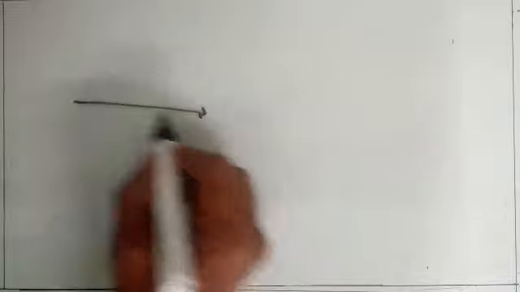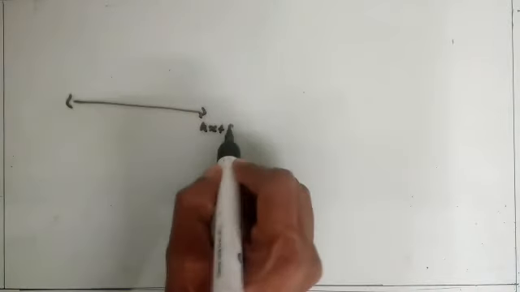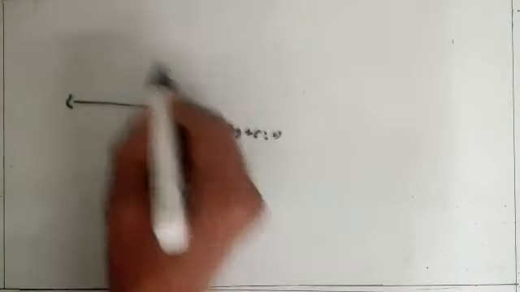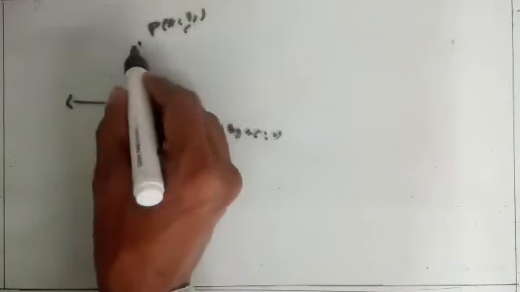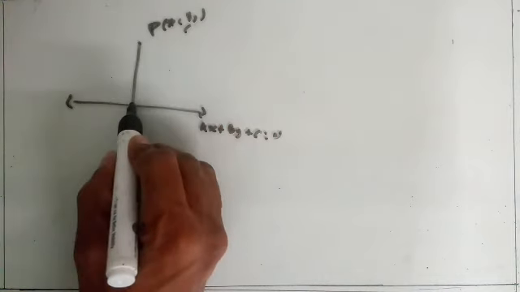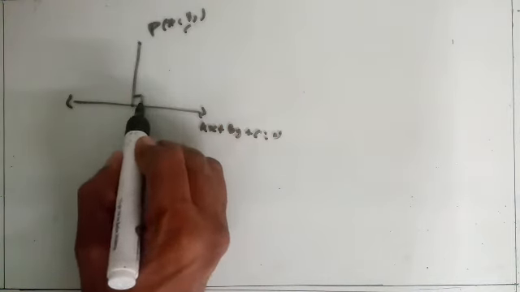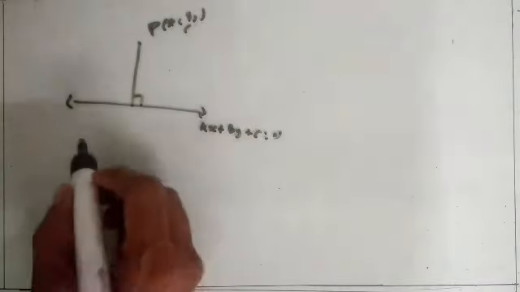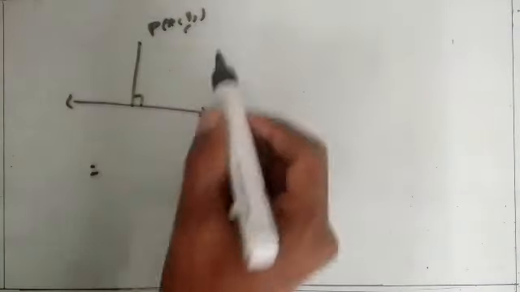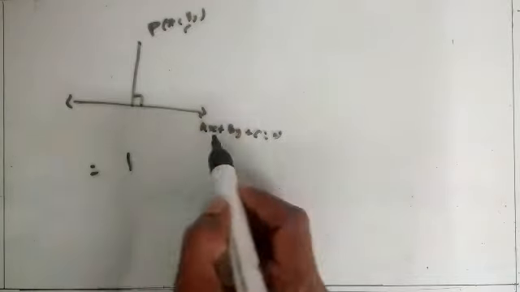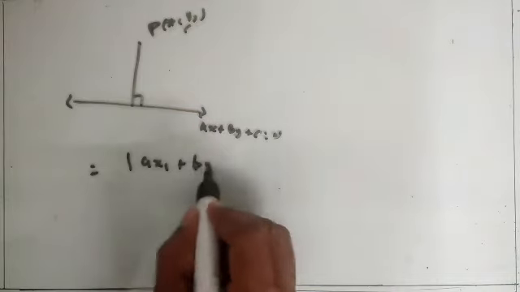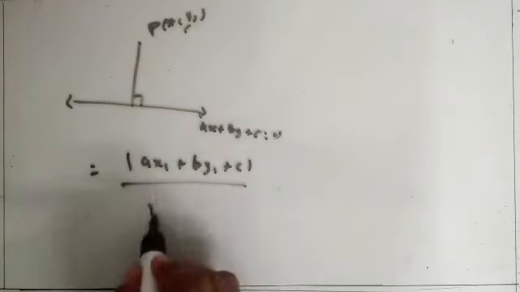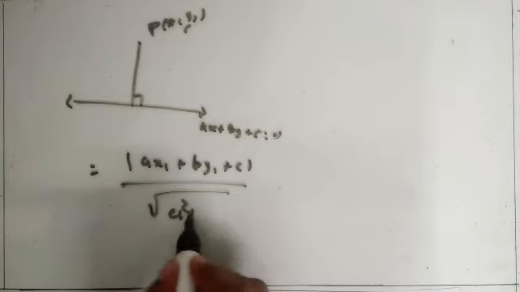Remember this here. If we have line ax plus by plus c equal to 0 and point P(x1, y1), then the distance from the point to the given line, that is the perpendicular distance from the point to the line, is equal to, remember this, mod of ax1 plus by1 plus c upon root of a square plus b square.